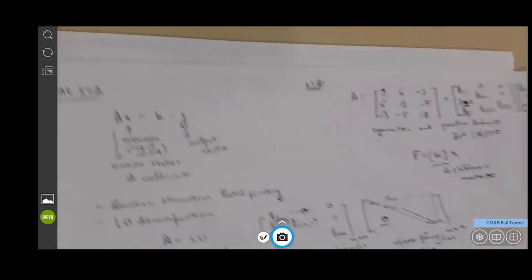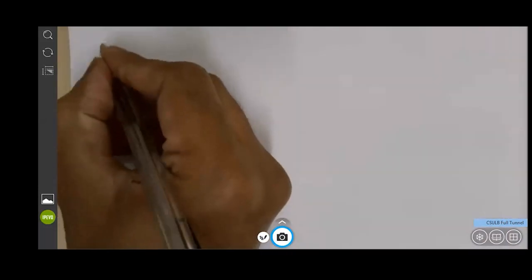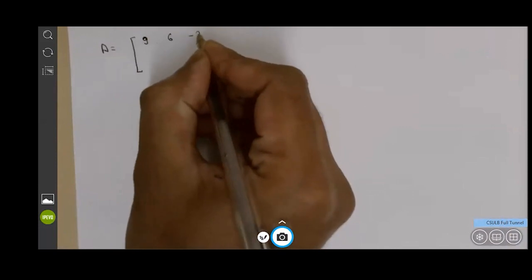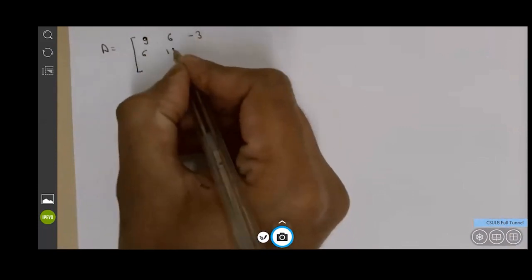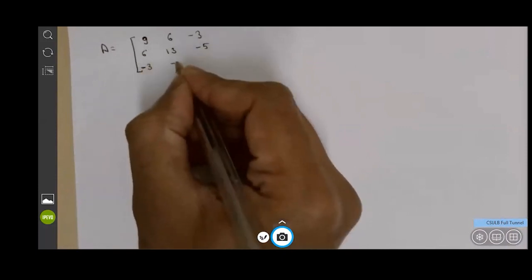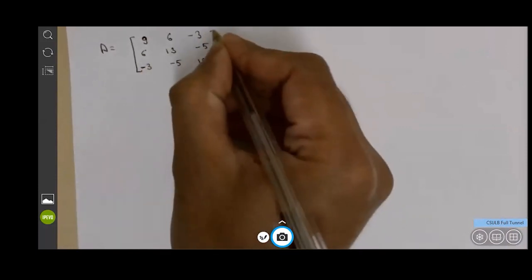Let me use a separate sheet. I have the A matrix, which is 9, 6, -3; 6, 13, -5; -3, -5, and 18.